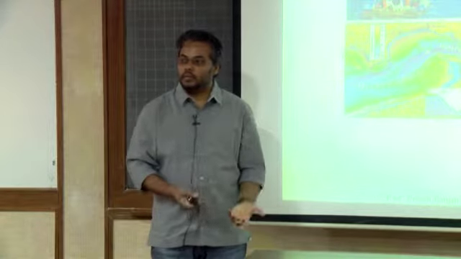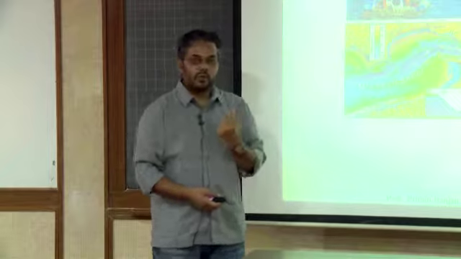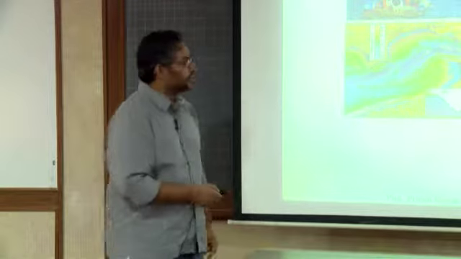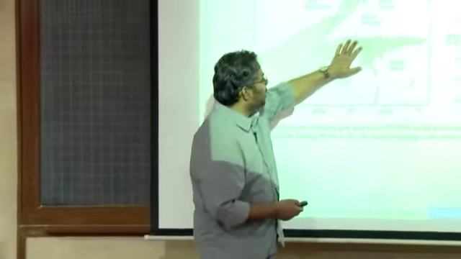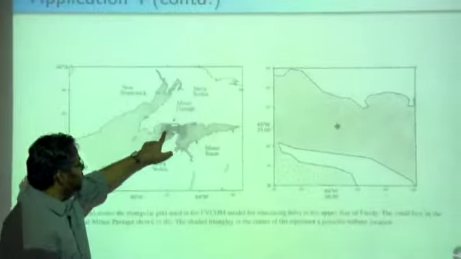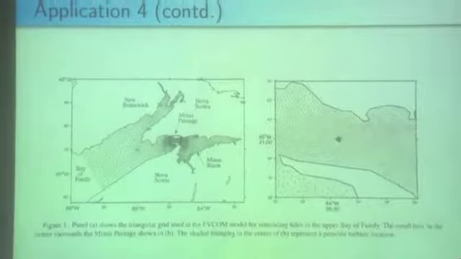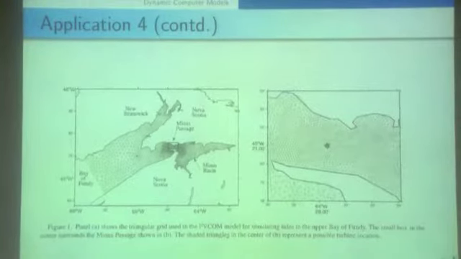It takes days to give me one output. Okay. So this is that Minas Passage, and we are thinking about putting turbines here. This is the denseness of the grid as well as the current speed.